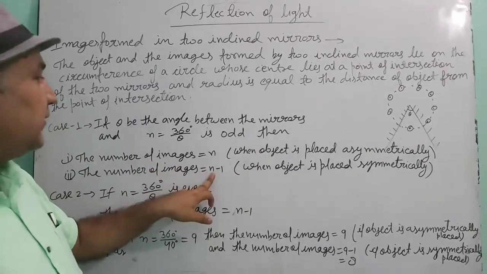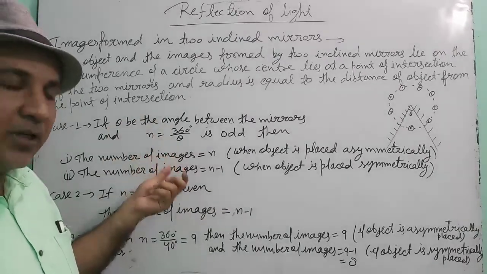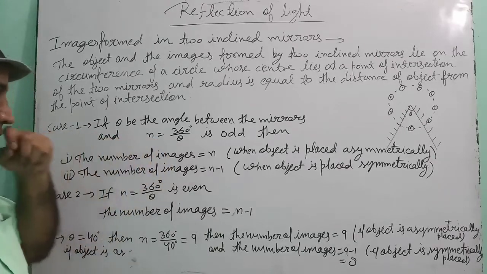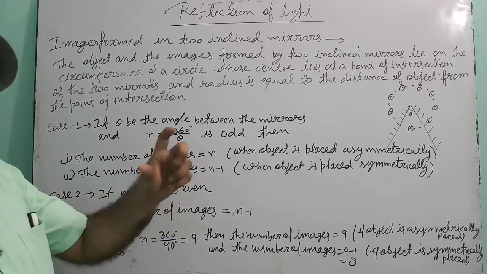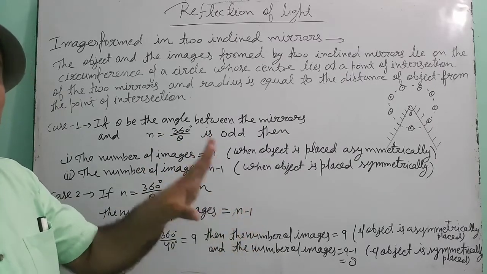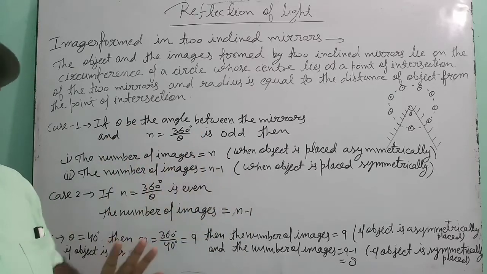And what is n? It is 360 degrees divided by theta. Understood? If that number is odd, then there are two possibilities for the number of images.